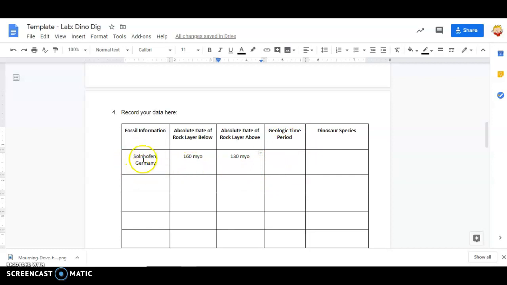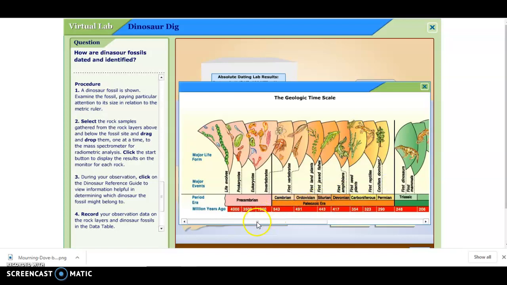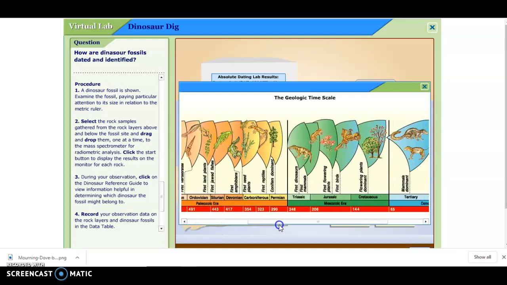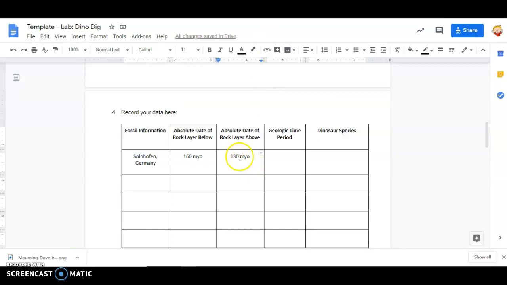Okay, so now we can figure out the geologic time period. We know that this fossil was in between 130 and 160 million years old, so somewhere in between there. So now what we do is we go to this geologic time scale. And here at the bottom it tells us millions of years ago, and we find our region. And again, it was between 130 and 160.